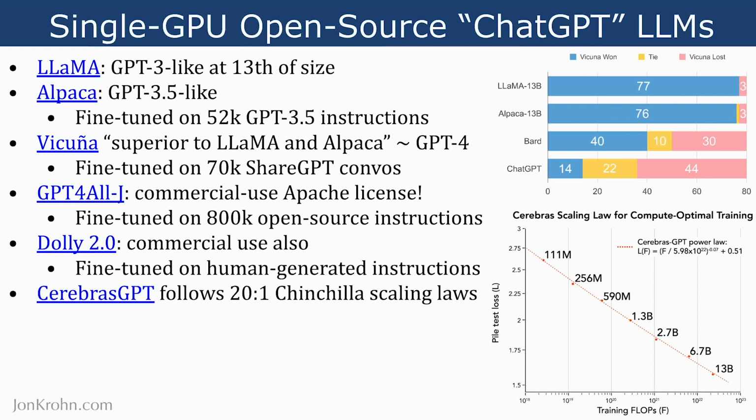Doing a grid search over all of these possibilities, they found an optimal ratio, which works out to about a 20-to-1 ratio of training data to number of parameters in your model, in order to get the optimal model training for a certain compute budget.